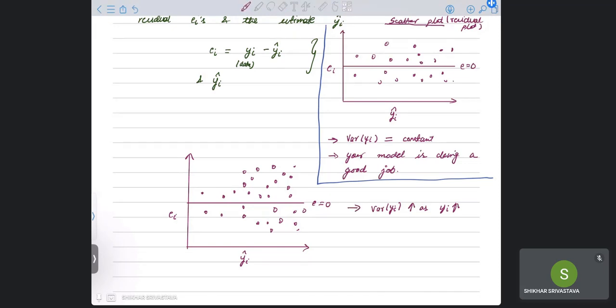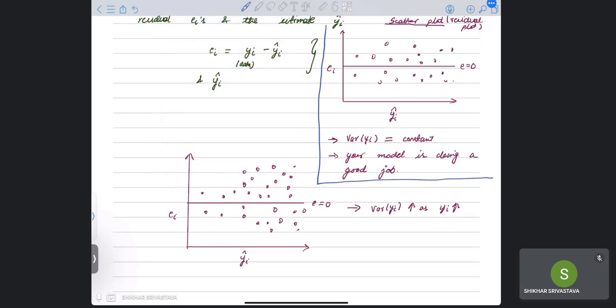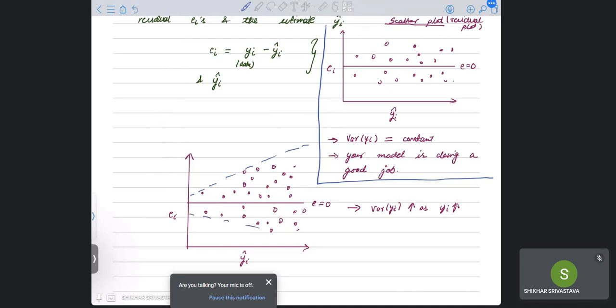We call this an outward funnel residual plot.